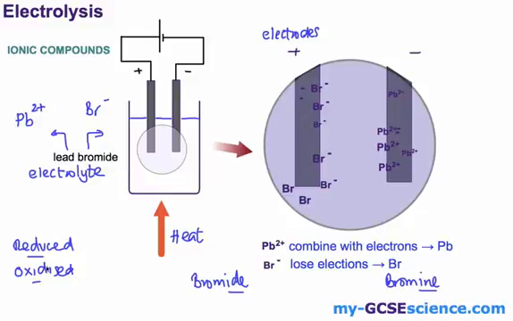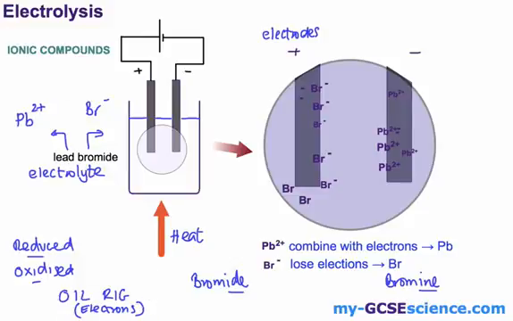Those two key words are important. A good way to remember them is the word OIL RIG. When we're talking about electrons, oxidation is loss, reduction is gain. So the lead ions have gained electrons, so we say they've been reduced, and the bromide ions have lost electrons, so we say they have been oxidized because oxidation is loss. It's quite a useful little term to help you remember that.